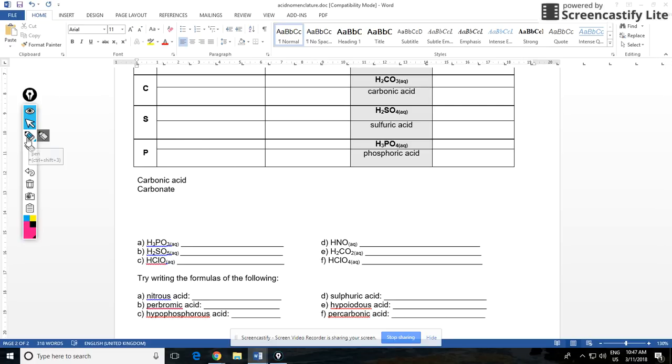And you know that carbonate is CO3 2 minus. So when you do the crisscross with H and carbonate, you get H2CO3, and don't forget that AQ.